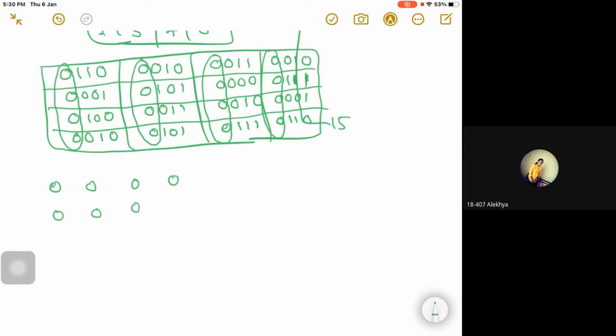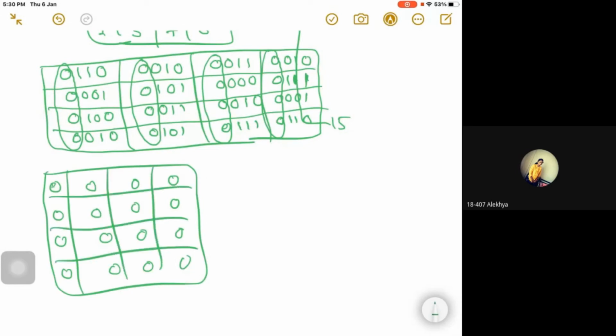Yes, MSB is very clear. Then coming to LSB, the rightmost: 0, 1, 0, 0. Next in the second column 0, 1, 0, 1. Next in third, 1, 0, 0, 1.